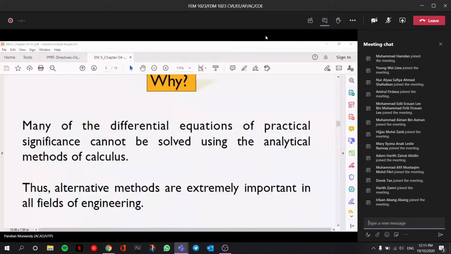To solve the first order, we use the separable method, basically integration. That's why they say calculus. But our course is not a calculus course. This is differential equations, the course engineering maths 2. So the separable method, when you separate, after that you integrate, is called the analytical method.